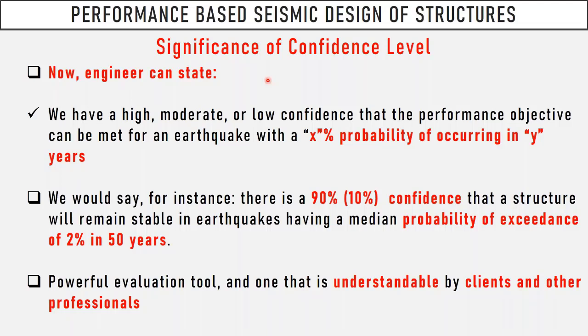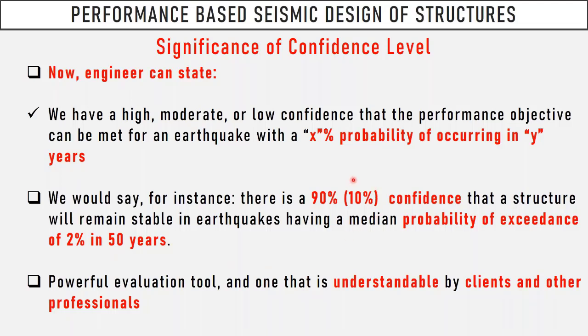And you will say, okay, I will work with moderate confidence or high confidence or low confidence. Or for instance, you may say that with 90% confidence our structure will remain stable with a probability of exceedance of 2% in 50 years.